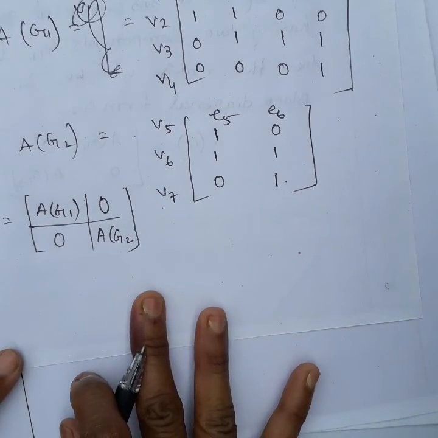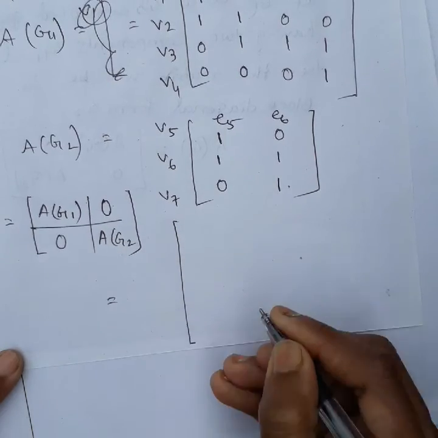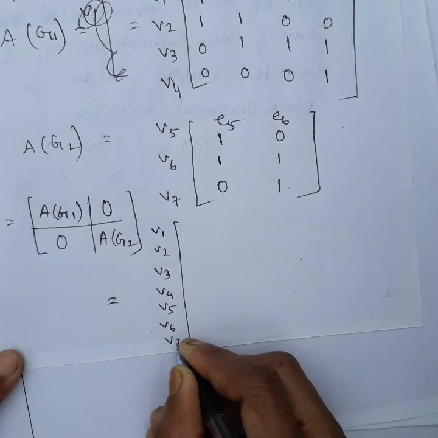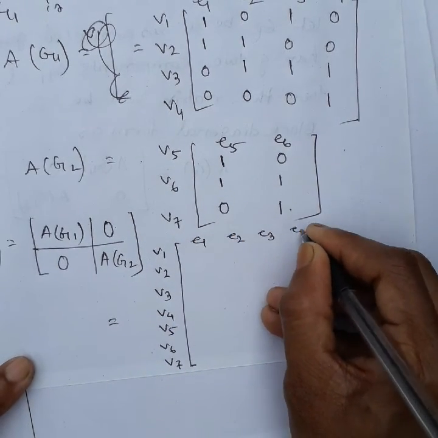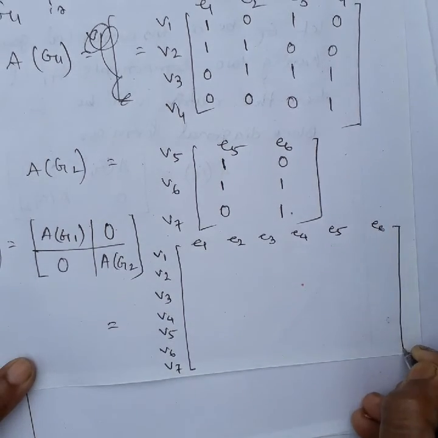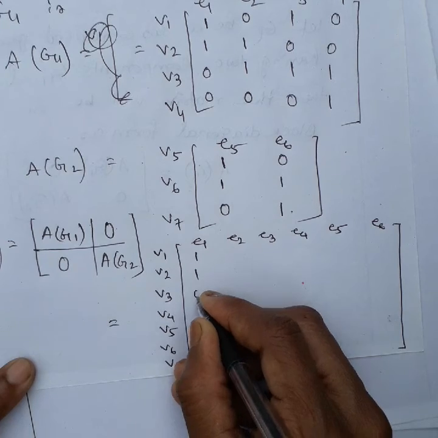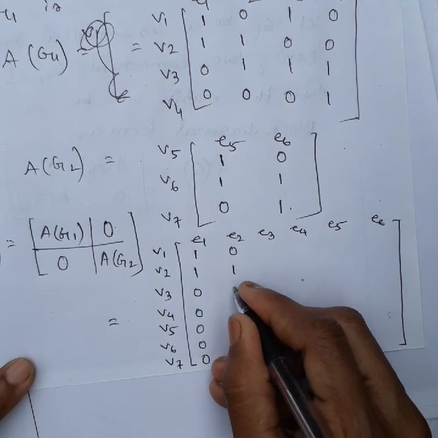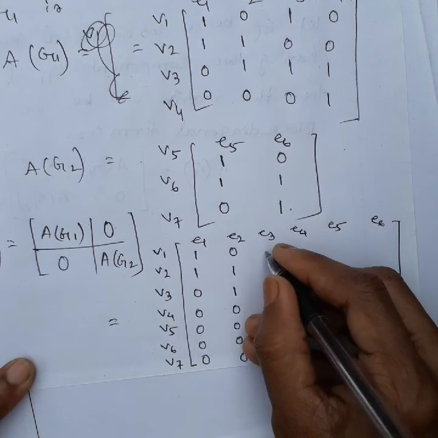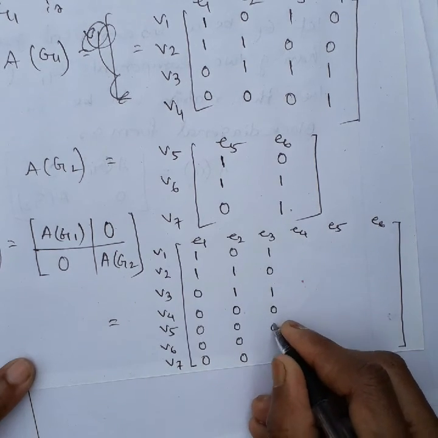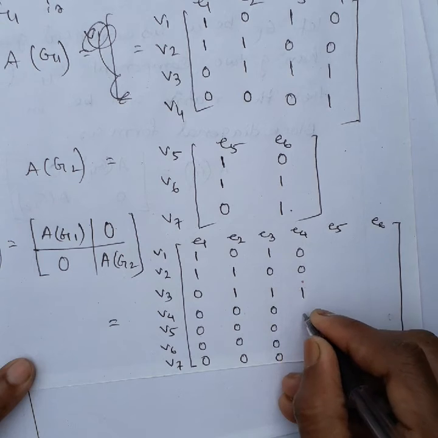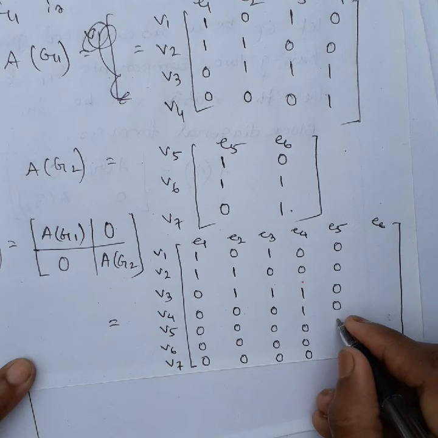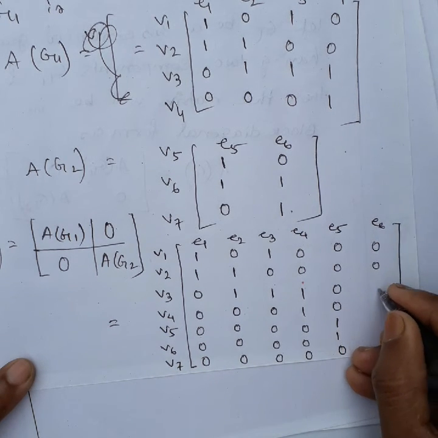That means this is equal to V1, V2, V3, V4, V5, V6, V7, E1, E2, E3, E4, then E5, E6.